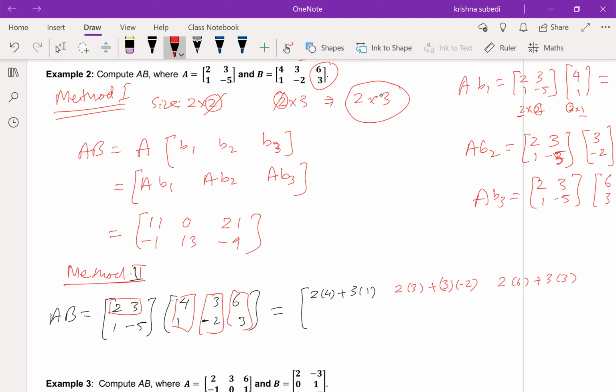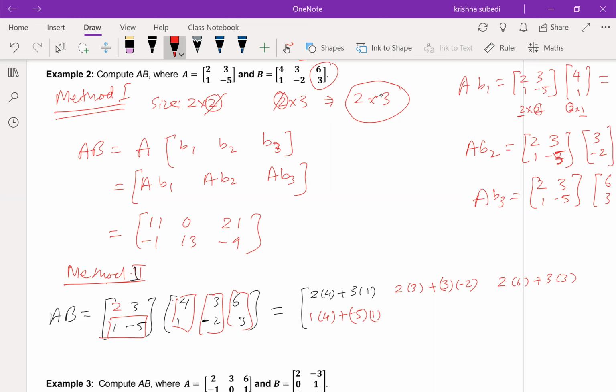We are done. Now let us take the second row. So the second row is, now we multiply the same way as we did before. So 1 times 4, plus minus 5 times 1.